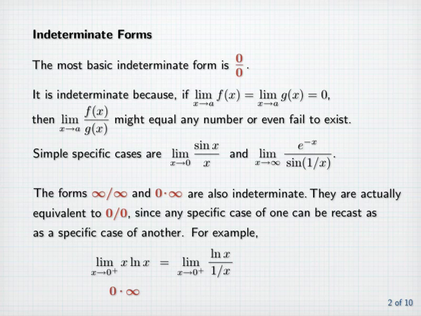Now the numerator and denominator here both approach infinity, and so this is an infinity divided by infinity limit. On the other hand, we could rewrite log x as 1 over 1 over log x, and write our limit as the limit of x divided by 1 over log x, in which case it becomes a 0 divided by 0 limit, or 0 divided by 0 indeterminate form.